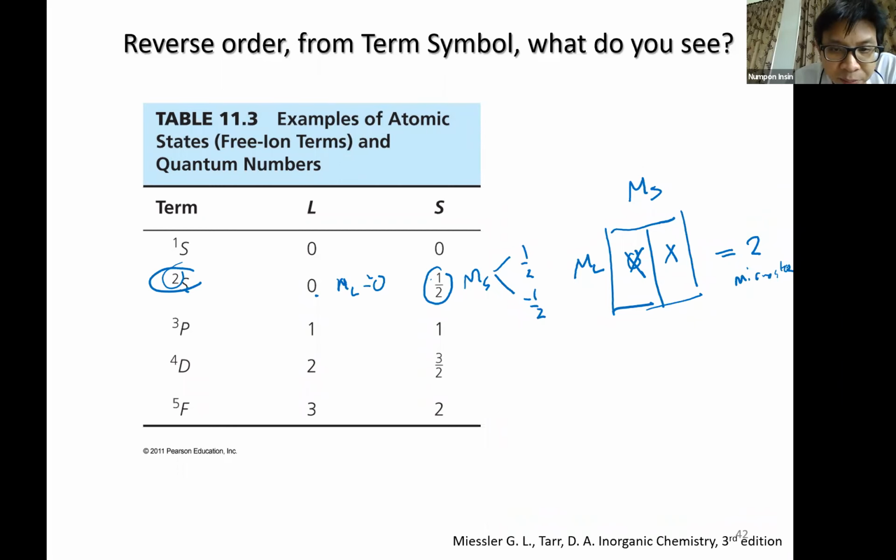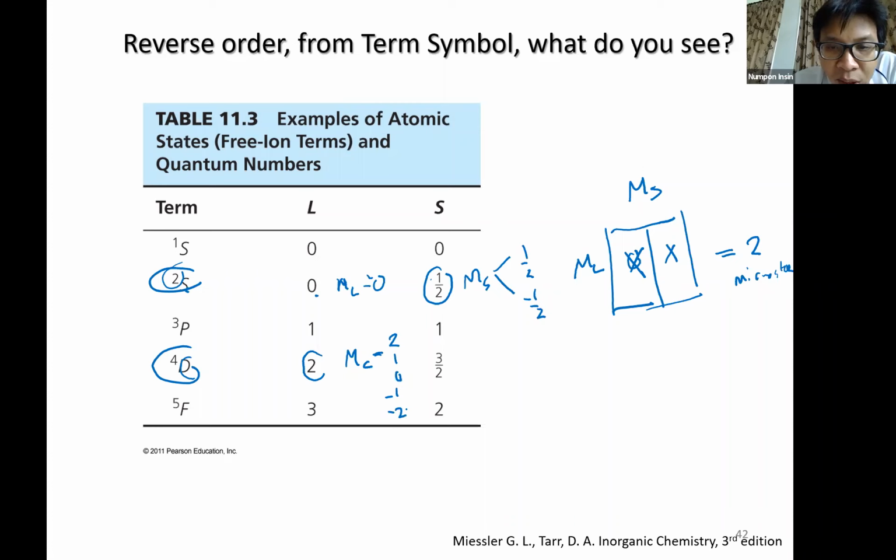Or another example, quartet D. So D term means L equal to 2. So ML is going to be the values 2, 1, 0, -1, -2, right?